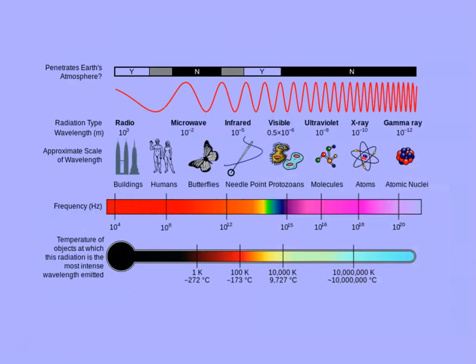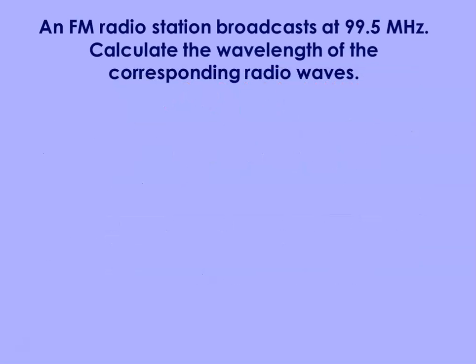There's another picture showing you a relationship between wavelength and frequency, and basically the approximate size of those wavelengths. It also shows the temperatures at which you are most likely to find the most intense wavelength emitted for those different forms of radiation.